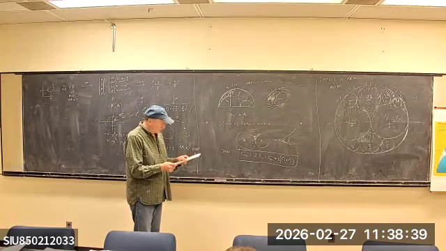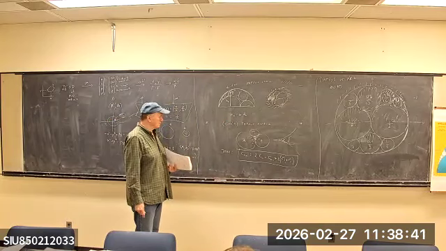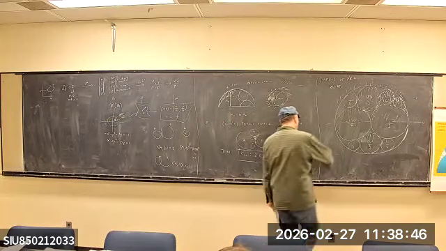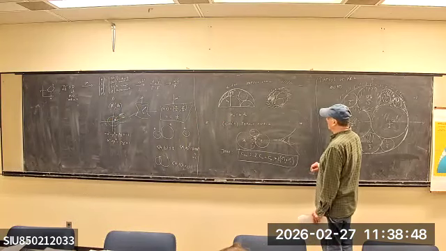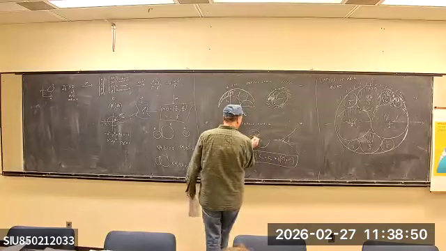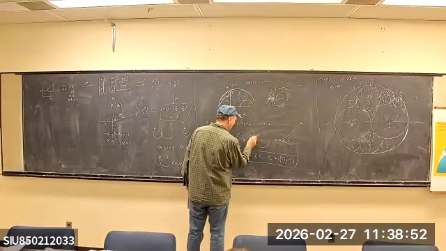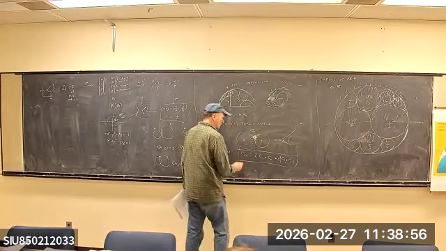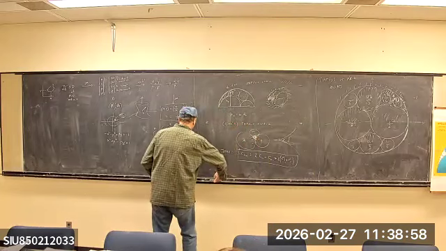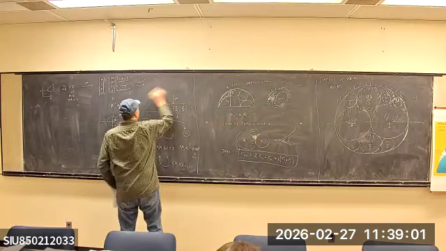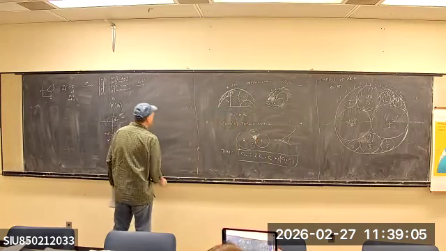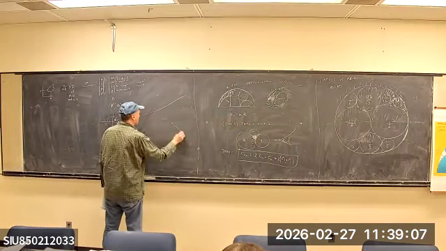Now, how would you prove it? The proof is very simple. When you look at any of them, let's say this one, this is Cn. I'll have to draw a little better.